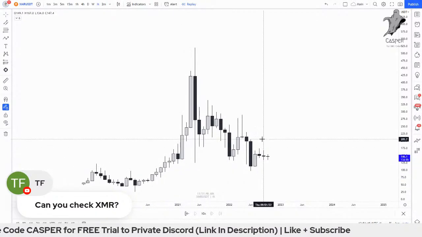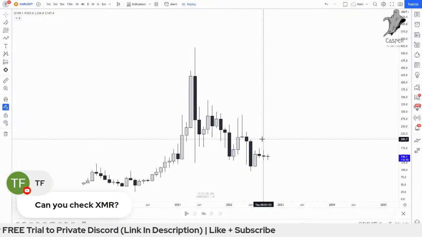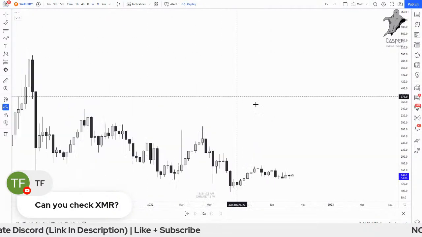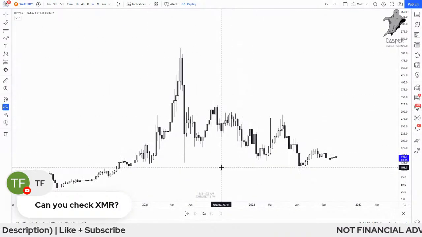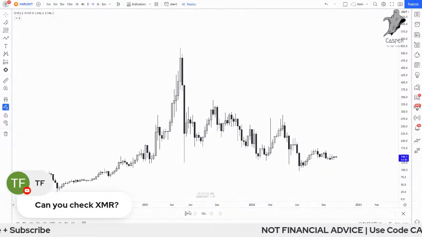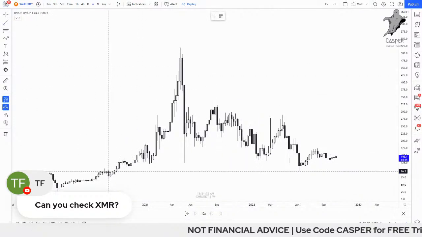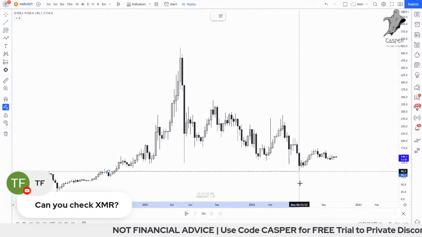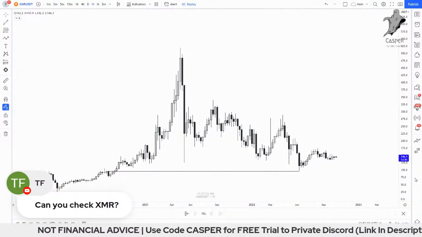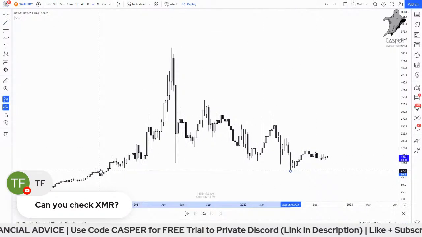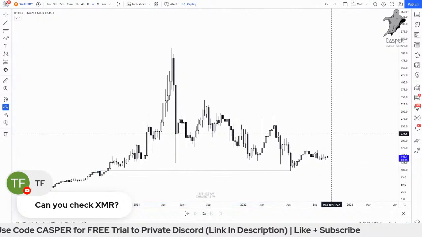Not too much on the monthly here. I would count the wick in this example.